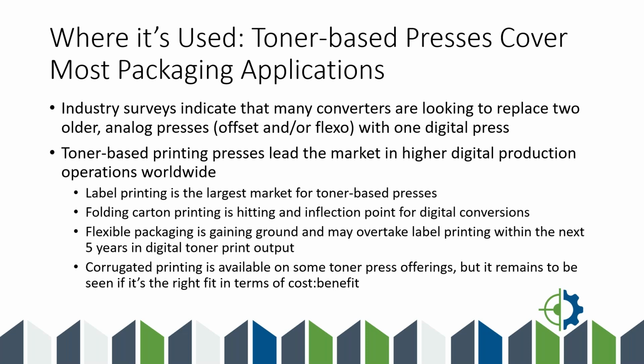So they're getting wider and they're getting faster. You're really seeing some of the higher end toner-based presses able to do B size, B1, B2 size prints at pretty rapid speeds. So you're approaching the productivity of good offset litho presses for that type of work.